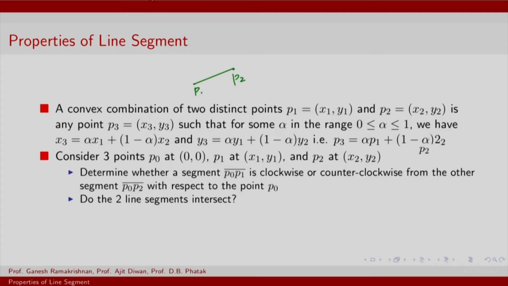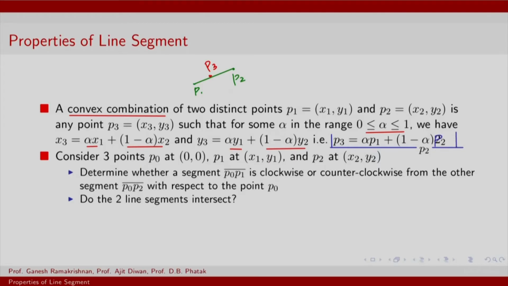Any point P3 that lies between P1 and P2 is understood to be a convex combination of P1 and P2, and the coordinates of P3 are convex combinations of the coordinates of P1 and P2: x3 is alpha x1 plus 1 minus alpha x2 for some alpha between 0 and 1, and y3 is alpha y1 plus 1 minus alpha y2. More generally we call the point itself a convex combination of the 2 points P1 and P2. So P3 is alpha P1 plus 1 minus alpha P2.